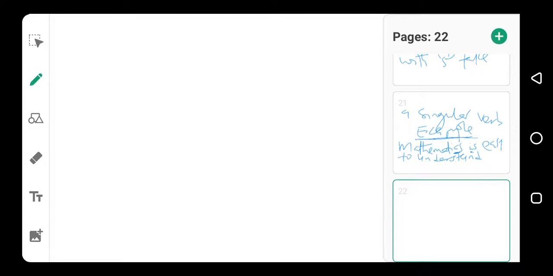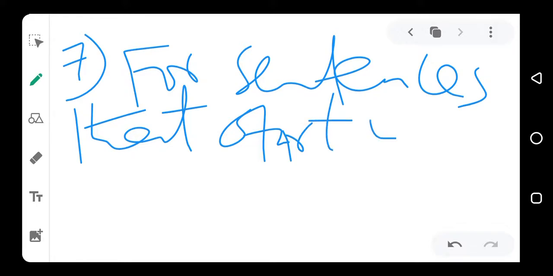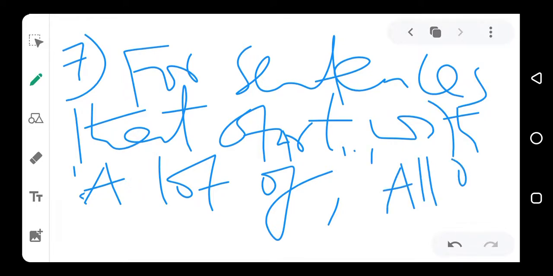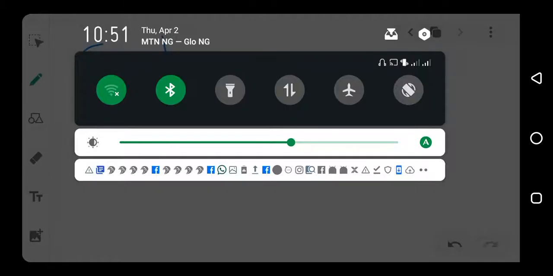This is very tricky and you must pay attention to understand it. This is rule 7.